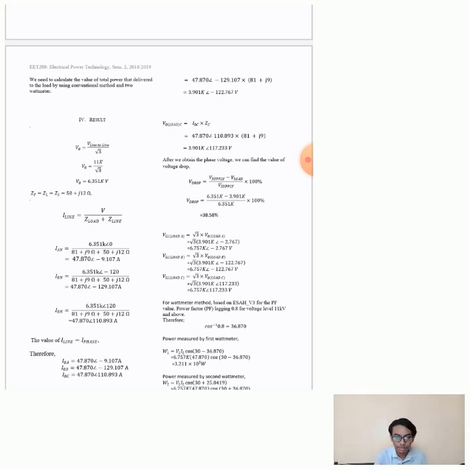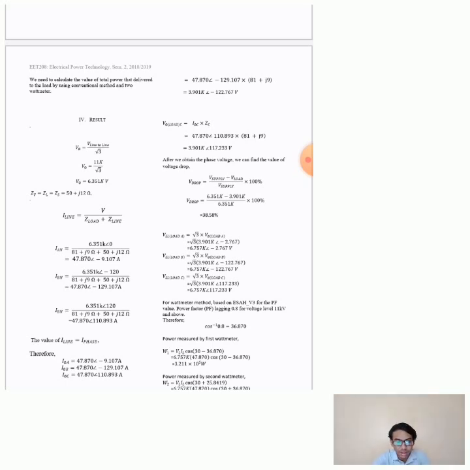After we get the V phase, we will calculate the I line: IAN, IBN, and ICN. After we get all the I line, we will calculate I phase A, I phase B, and I phase C using the values from IAN, IBN and ICN.